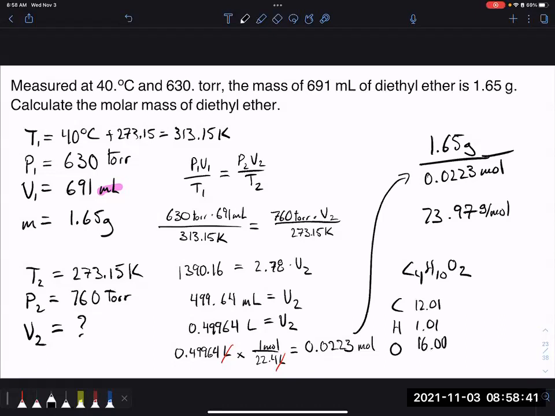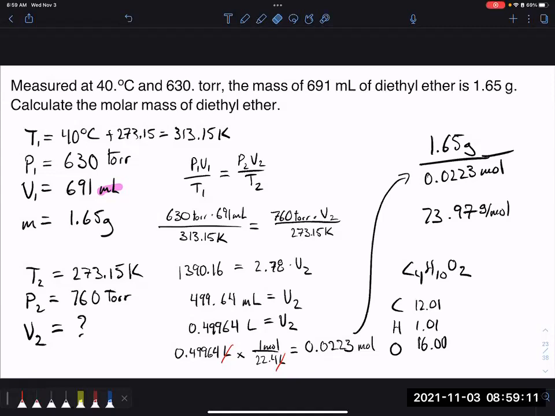So 12.01 times 4, and then 1.01 times 10, plus 16 times 2. Oh, wait, no, it's not O2.